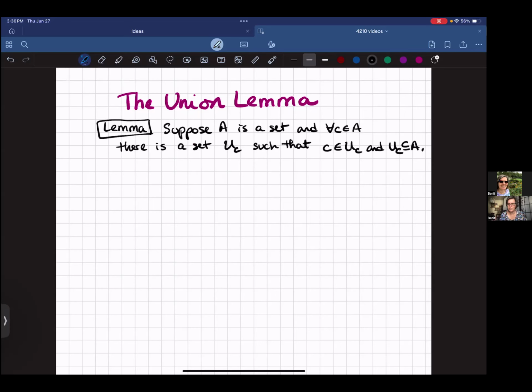So let's draw a diagram. This is still just the hypothesis. I haven't said the conclusion yet, but let's draw a diagram. I have this set A, which consists of everything inside that little shape.